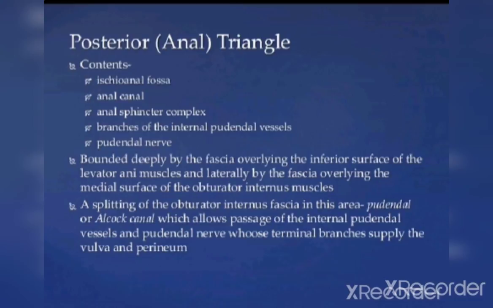A splitting of the obturator internus fascia in this area is the pudendal canal, also called Alcock canal, which allows passage of the internal pudendal vessels and the pudendal nerve, whose terminal branches supply the vulva and the perineum. Basically, these pudendal nerves are the innervation for your pelvic floor. All the pelvic floor muscles are supplied by these pudendal nerves only.